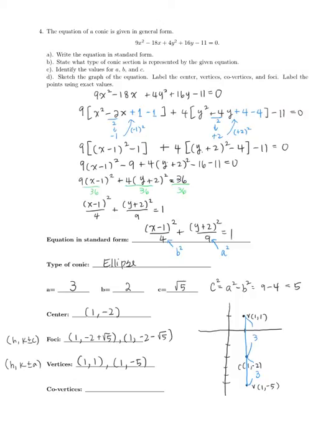Hold on, let me just draw this out. We're going to have to go 2 units this way, and then 2 units that way. Oh my God, this is so drawn off the scale. But if you draw this nicely, these 2 points are going to be your co-vertices.